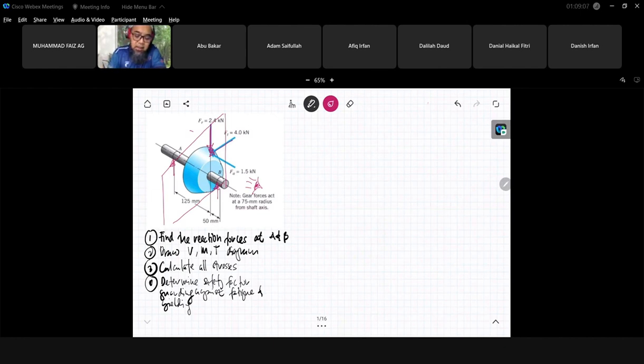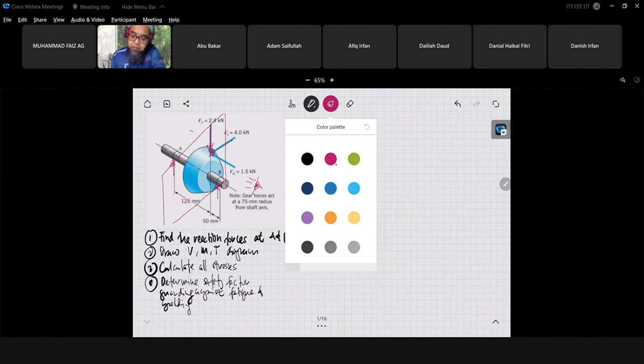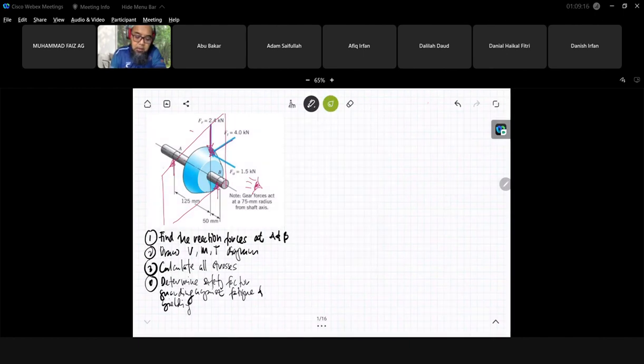Another plane yang kita lihat ialah this plane. Okay, where we see the plane from above. So we could see from two different angles, okay, different positions of the planes.